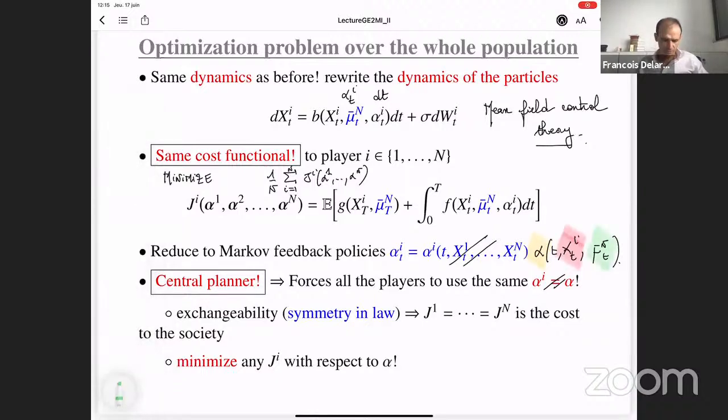And what the central planner wants to do is to minimize the global cost to the population by tuning the shape of alpha. So this is the same idea that players are going to cooperate in order to minimize the global cost to the society.